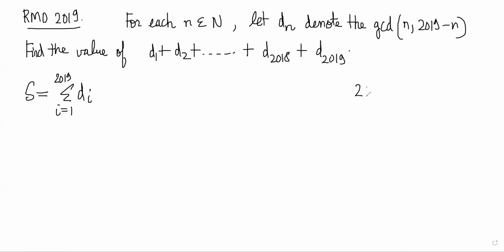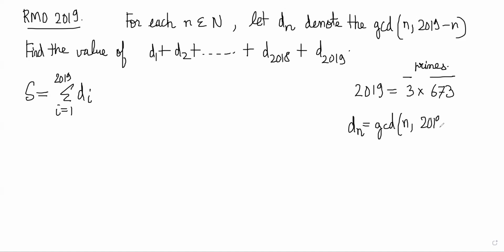Now you should realize that 2019 is 3 times 673, and both of these are primes. Also, Dn is the GCD of n and 2019 minus n, and from Euclid's lemma we know that the GCD of A and B is the same as the GCD of A plus B and B. So if you do A plus B and B, here you will get the GCD of 2019 and n.